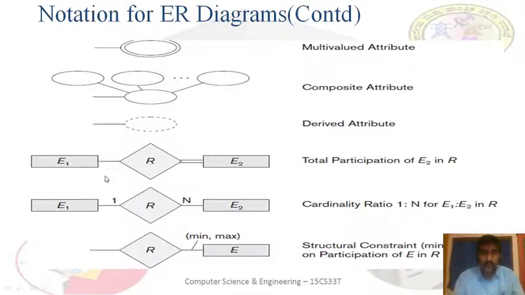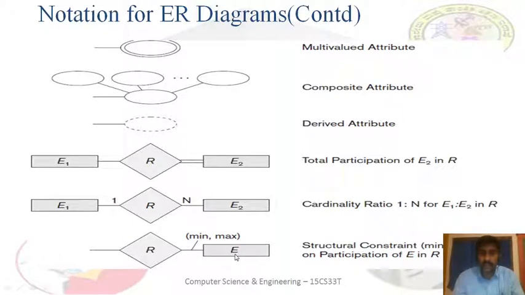Then the next notation is total participation of E2 in relation R. Here E1 has partial participation because it is a single straight line, whereas E2 has total participation in relationship type R. And we have different types of cardinality ratio here, for example how to specify a cardinality ratio of 1 to n for entity 1 and entity 2 in relation R. And the last one is the alternate notation for the ER diagram.